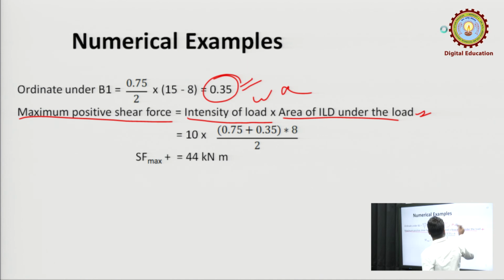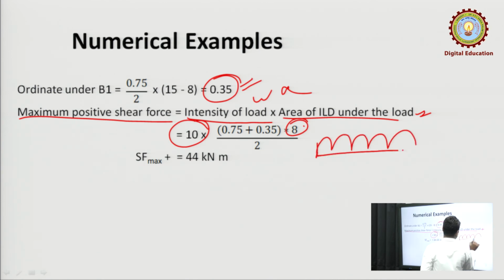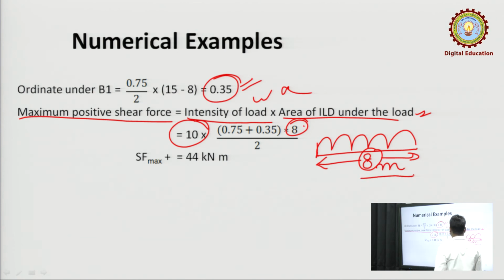The intensity of load is 10 kilonewton per meter, and the length of the UDL is 8 meter.